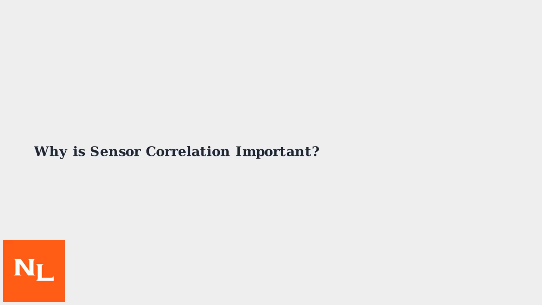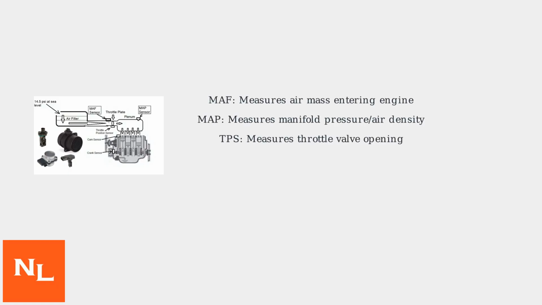The engine control module, or ECM, uses data from 3 key sensors to precisely control the air-fuel mixture and ignition timing. These sensors are the mass airflow sensor, which measures the mass of air entering the engine, the manifold absolute pressure sensor, which measures manifold pressure and air density, and the throttle position sensor, which measures how open the throttle valve is.